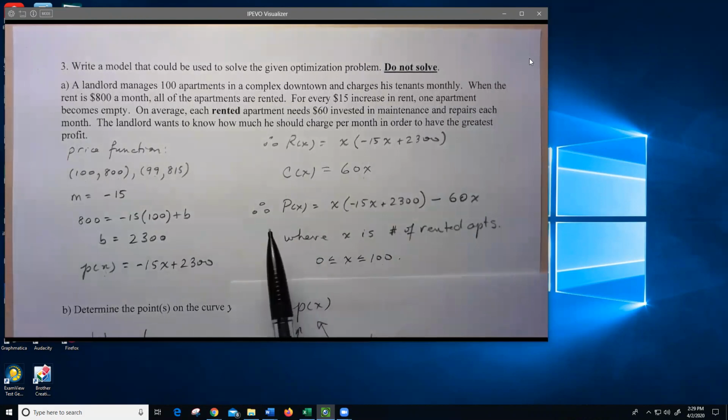Taking the derivative is just part of the process of determining that optimal value. But the model itself just includes the function in terms of one variable. So it's not a valid model until you've written it in terms of one variable and the domain over which you're working.